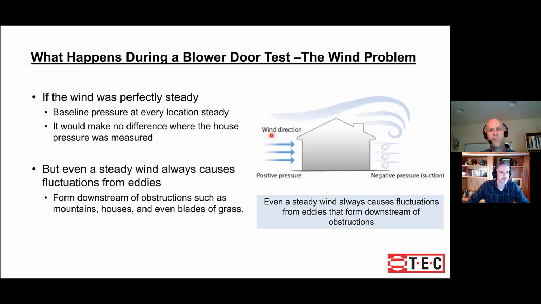If we're trying to induce a 50 Pascal pressure on the building, if we had a completely steady wind, there really wouldn't be much difficulty, because what we could do is measure the pressure that exists before we turn on the blower door. And then we could simply turn up the fan until we change that pressure by 50 Pascals. If the wind were completely steady, we could get an accurate measurement of how much flow it takes to induce that 50 Pascal change.